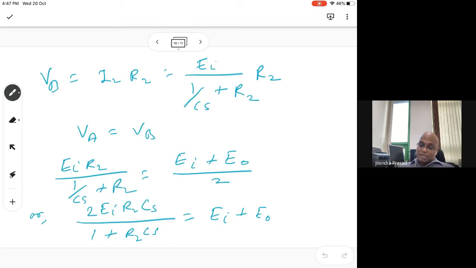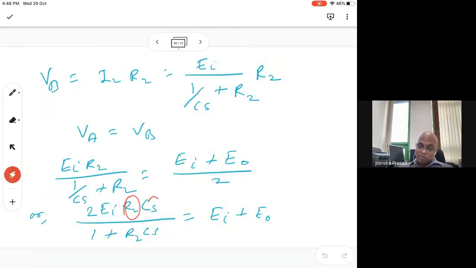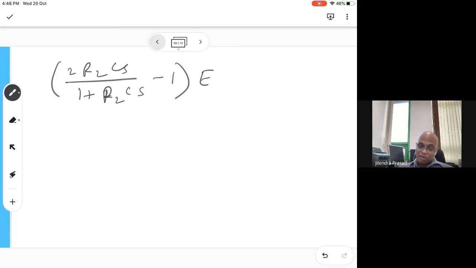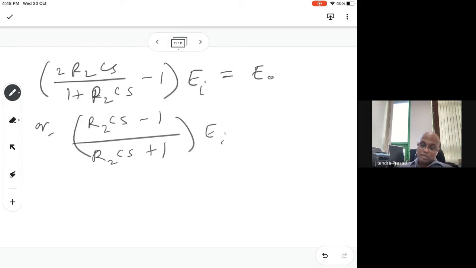So 2 R2CS divided by (1 plus R2CS) minus 1, and you have E1 is equal to E0, and we get minus (R2 CS minus 1) divided by (R2 CS plus 1) times E1 equal to E0.